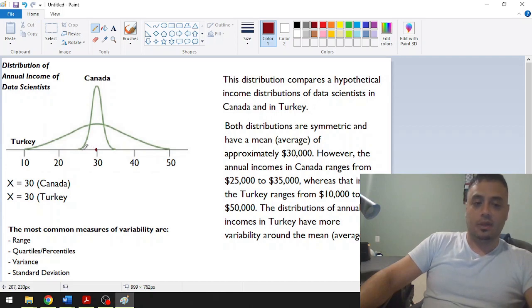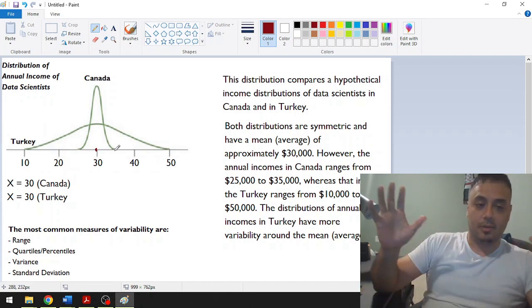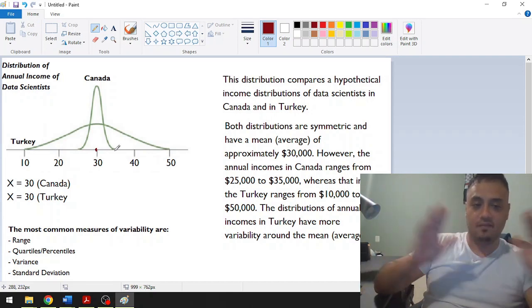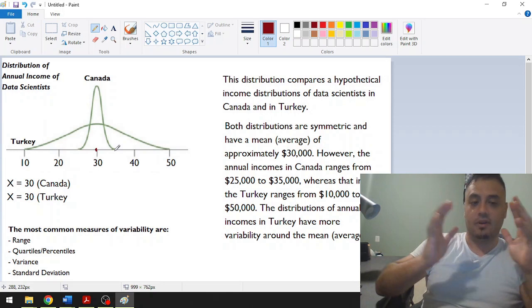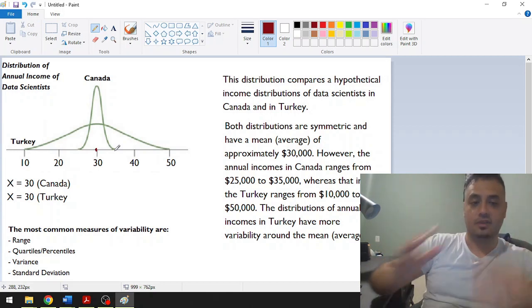Why? Because the distribution of annual income for Canada does not have far variability. It's not highly variable. The big chunk of information is in the middle, scattered around the average.